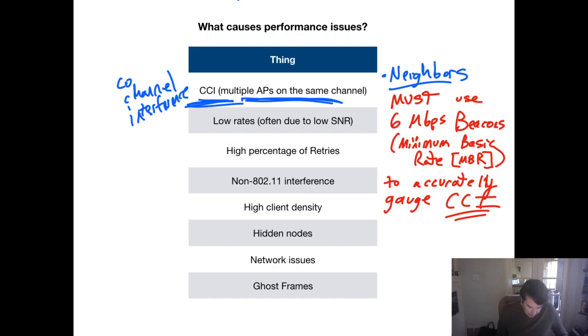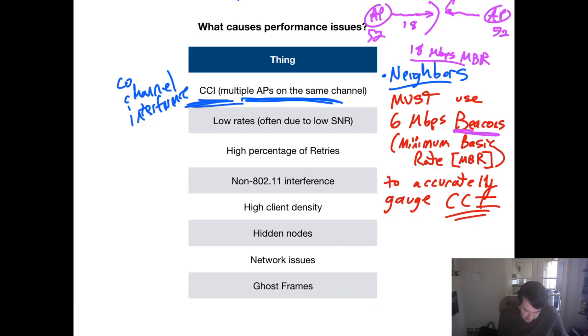If I have two access points that are both here on channel number 52, and my access points are, let's say, using the 18 megabit per second minimum basic rate, 18 megabit per second beacons, the possibility exists that the 18 megabit per second range of these two access points will not cause serious overlap.